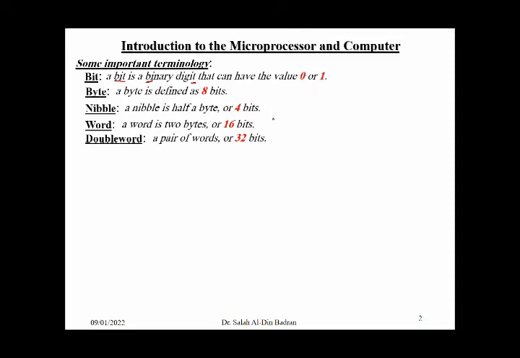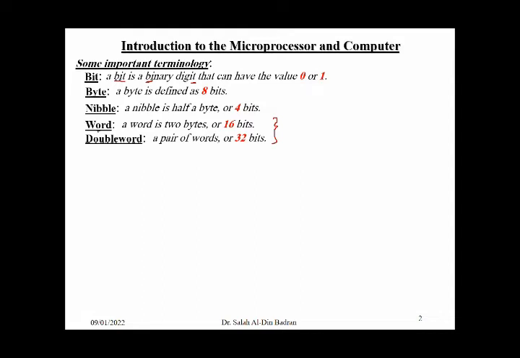Be careful about these two definitions, because the number of bytes or bits in a word and double word differ from one microprocessor to another. It depends on the type of the microprocessor or microcomputer.